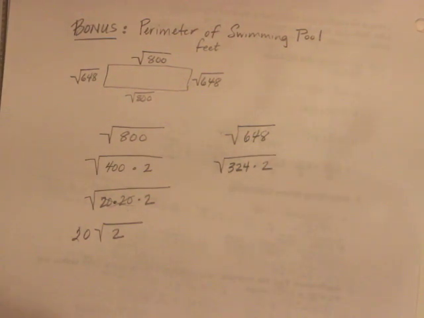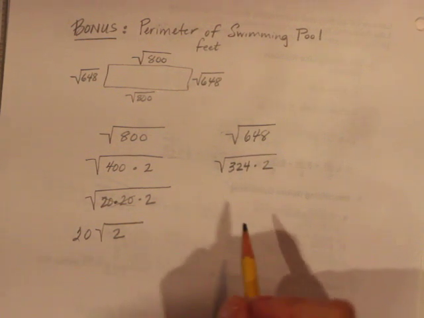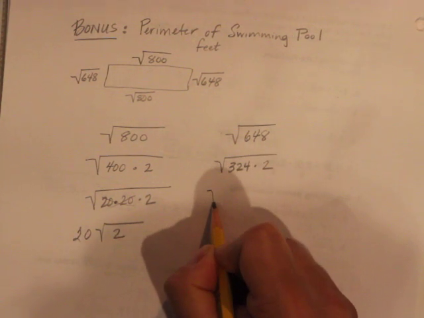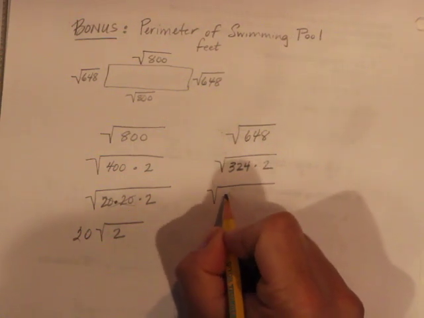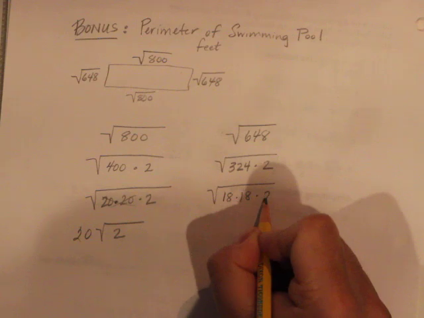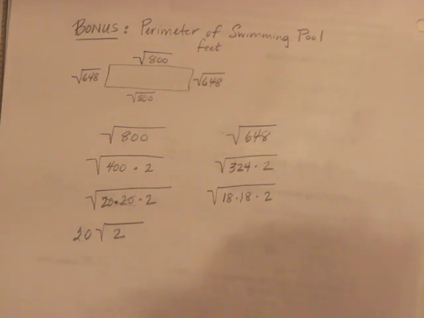Is there a number multiplied by itself that equals 324? For those of you who have these square roots memorized, you're going to know this. If you need to keep factoring, fine, but I'm just going to let you know right now that 18 times 18 equals 324, times 2 altogether, that's going to equal 648.